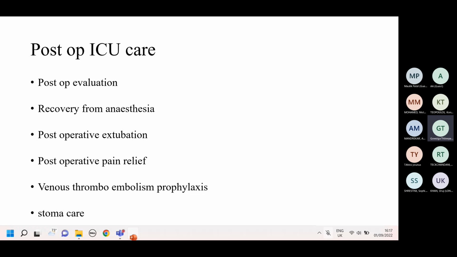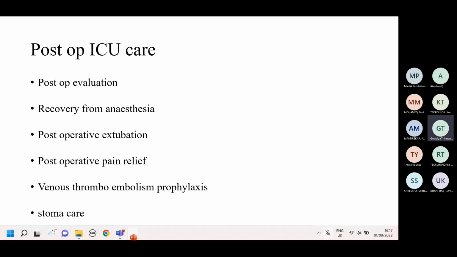Recovery from anesthesia needs to be assessed for suitability for extubation. If the patient is coming with the tube, you need to know how we can assess the suitability of extubation, how long we have to continue the sedation, and when to stop it. This all depends on the nature of the patient's operation.